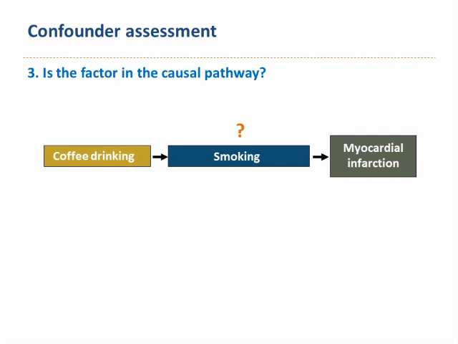It's more likely that smoking is related to coffee drinking, either as a cause of coffee drinking or through some other co-pathway, and that smoking also is related to MI risk. So in this case, we don't believe that smoking is on the causal pathway between coffee drinking and MI risk, and so therefore we would consider smoking as an important confounder to adjust for or control for in our analysis of the relationship between coffee drinking and MI risk.